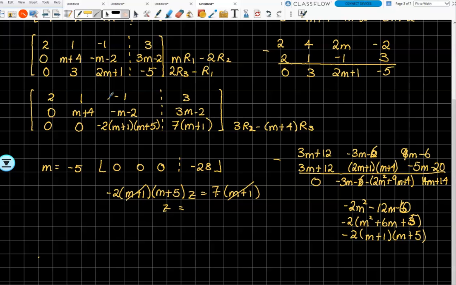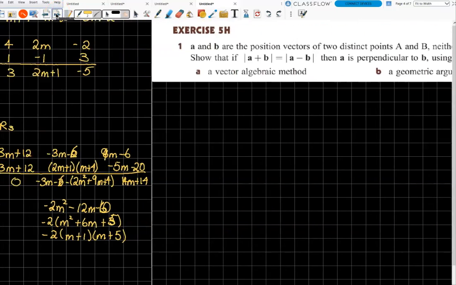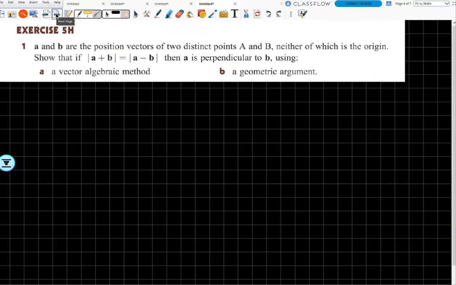So we are now backtracking into chapter 5 and exercise 5H. As always, you can go and look at the examples, play around with them, but we are starting with this one. Have a look, have a think for a minute or 2, and then we'll go through.